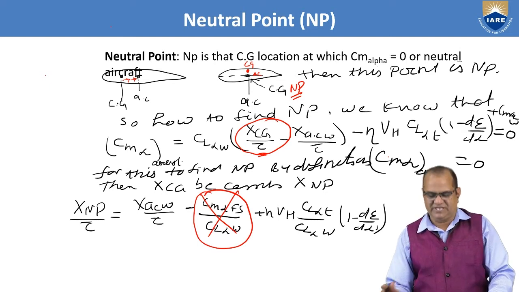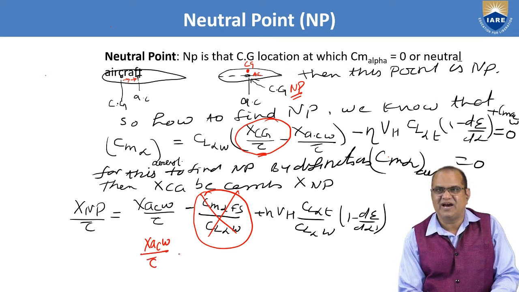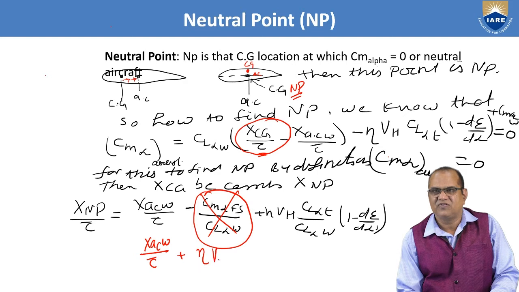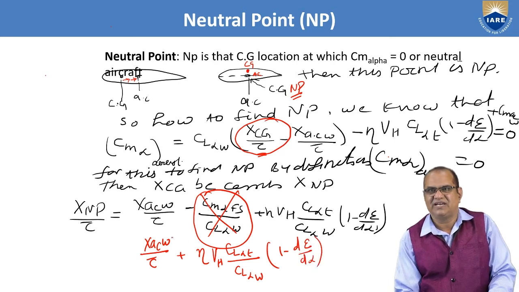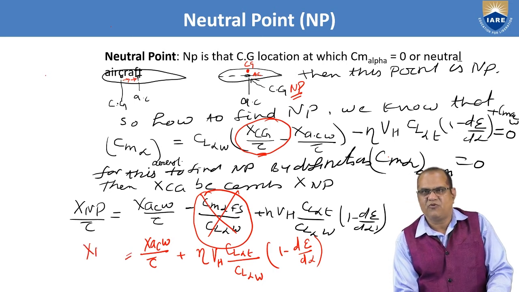So XNP by C bar is equal to XAC W by C bar plus eta VH CL alpha T divided by CL alpha W times 1 minus d epsilon by d alpha. So this is the equation for the neutral point.